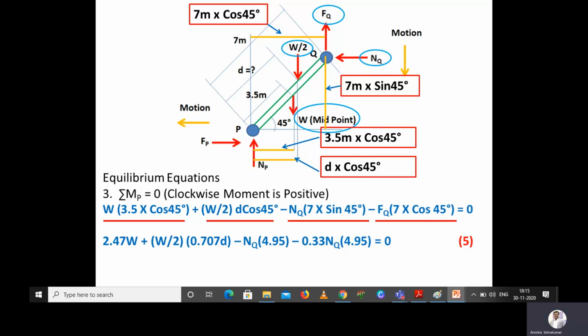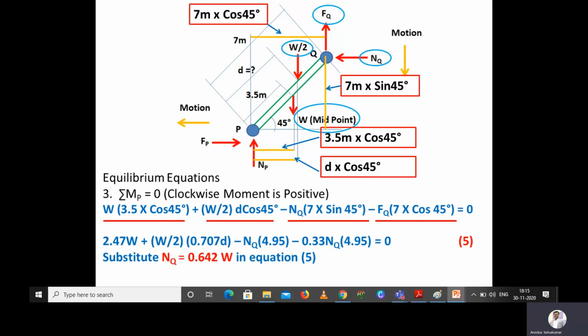Once you get these relations, you can substitute: Fq can be written in terms of Nq. So here we have written 0.33 Nq, and then we have substituted all the numerical values. We got 2.47 W plus W by 2 times 0.707 D minus Nq times 4.95 minus 0.33 Nq times 4.95.